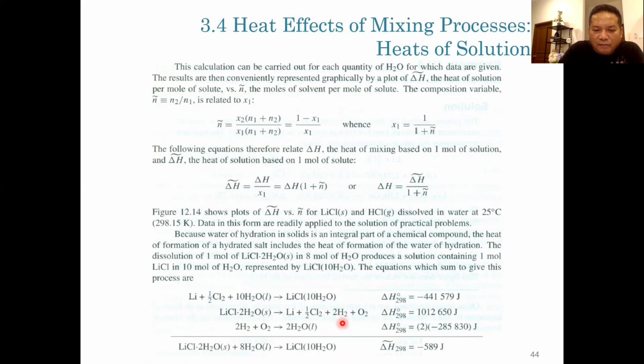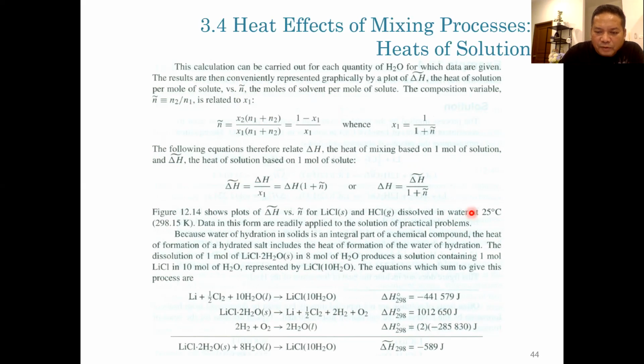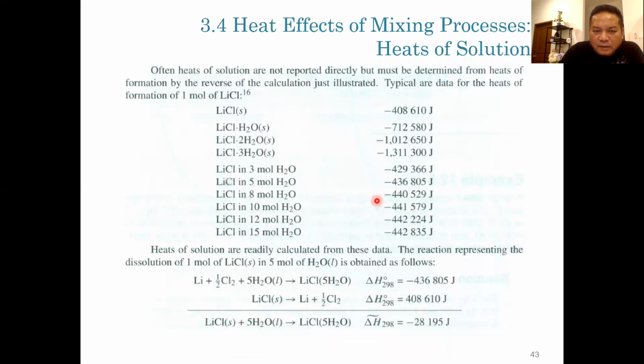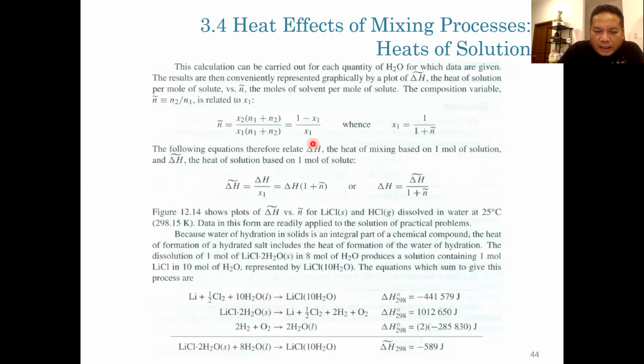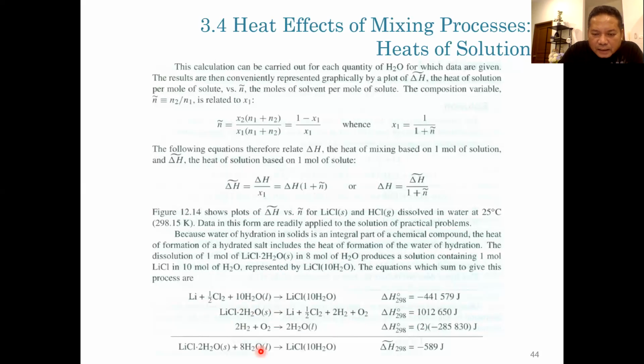But since we don't have it, we can use this 10. Let's go back. This equation here, minus 4,441,527.79, and then the formation of lithium chloride, and then the formation of water. Water is not given here, but the formation of water is 2 at 5, right here.